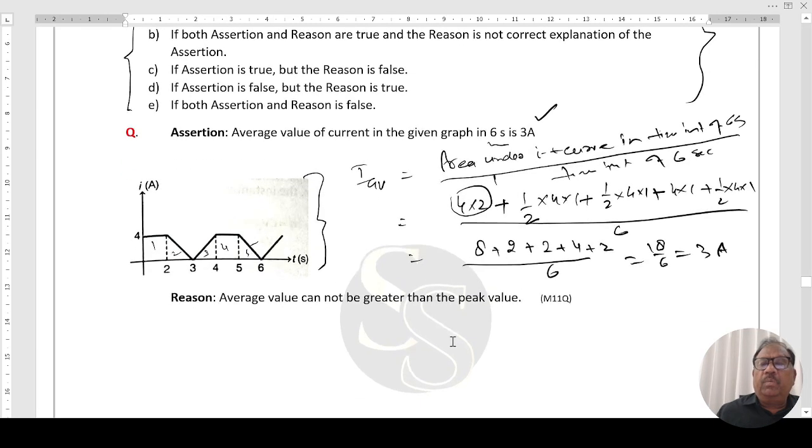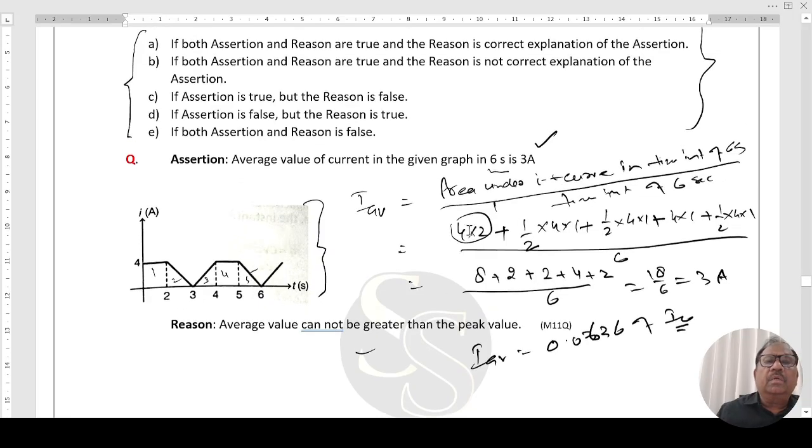Average value cannot be greater than the peak value. This is also the correct statement because I average or mean equals 0.636 of the peak value. This is a relation. But the reason is not this.